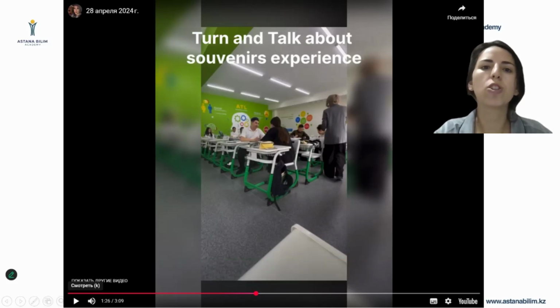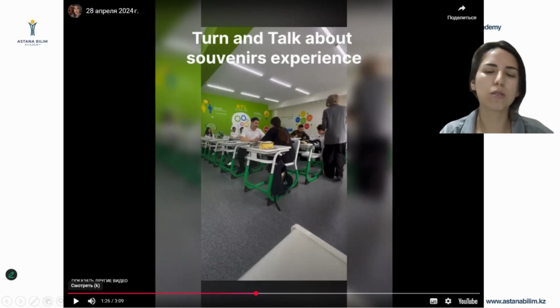Okay, so which interaction pattern is used here? Right, pair work. So just turn and talk about souvenirs experience. The teacher gave instructions: turn and talk with your partner.